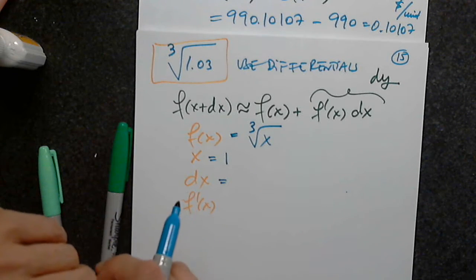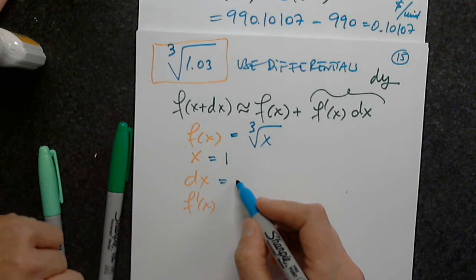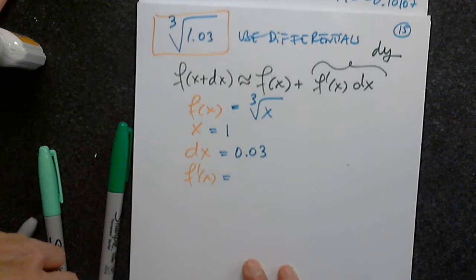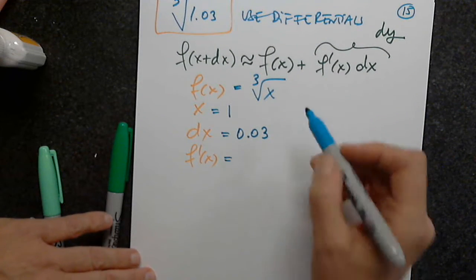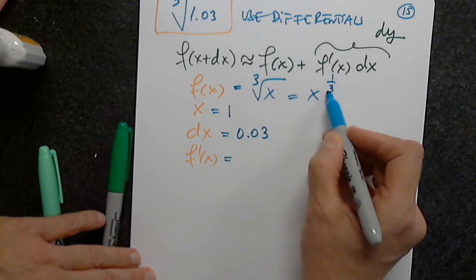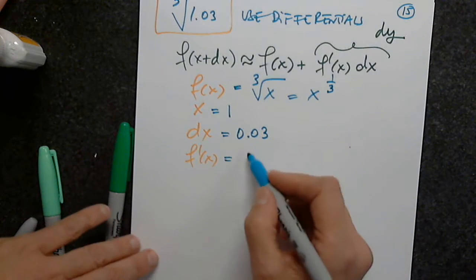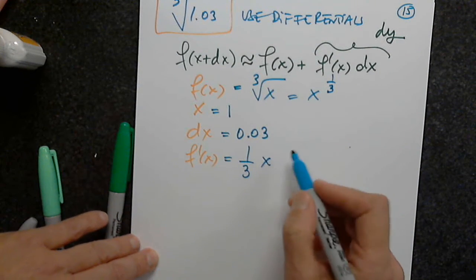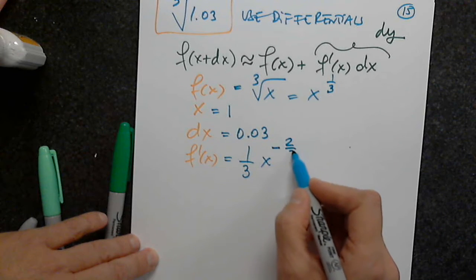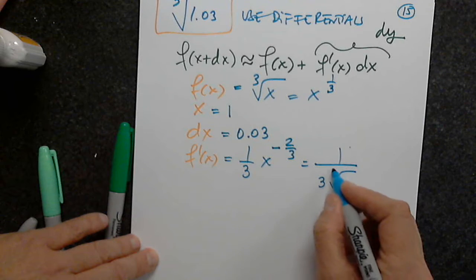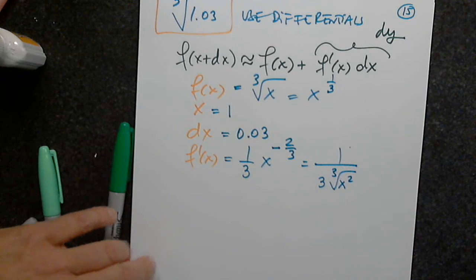And it better be small. 0.03. Can anyone give us f prime now? Remember, this is x to 1/3. It's easier to differentiate. So it's 1/3 x to negative 2/3. And now you can go back and write this as 3 times the cube root of x squared. That's okay.